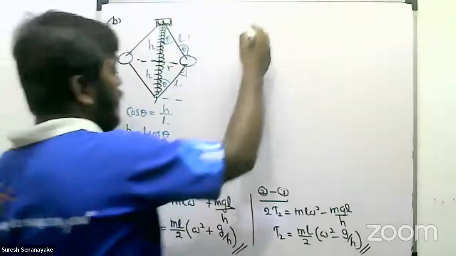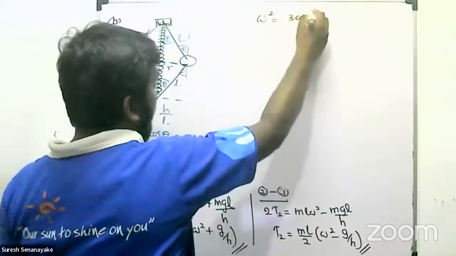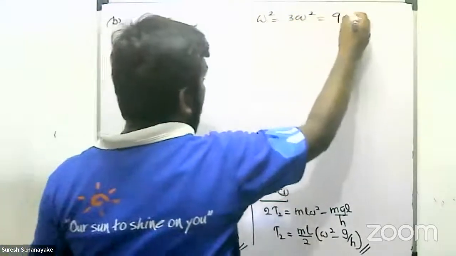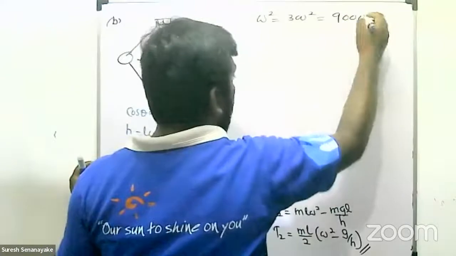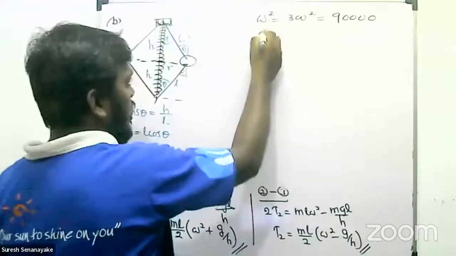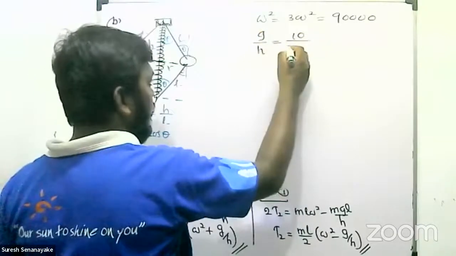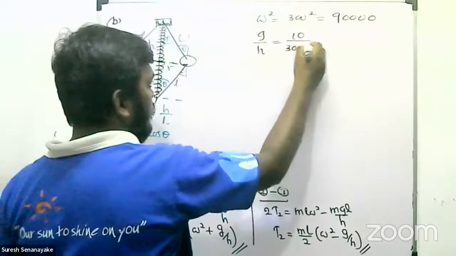Then at 50 hertz, the omega is 300, so omega square is 300 square, that is 90,000. And then g over H, g is 10, H is 30 centimeters, 30 times 10 to the minus 2.